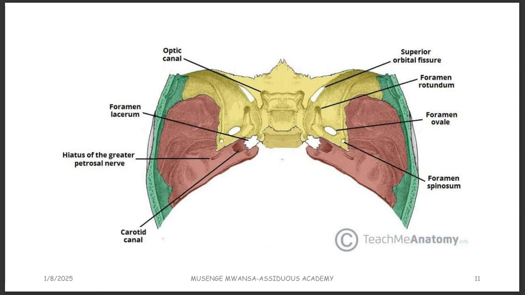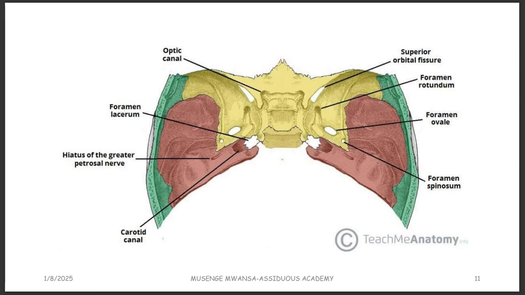Of those three, you have got the brachiocephalic, you have got the common carotid, specifically the one that is going to the left, isn't it? The left common carotid and the left subclavian. Now, from the common carotid arteries, as they go up, they are going to bifurcate into the internal carotid and the external carotid.